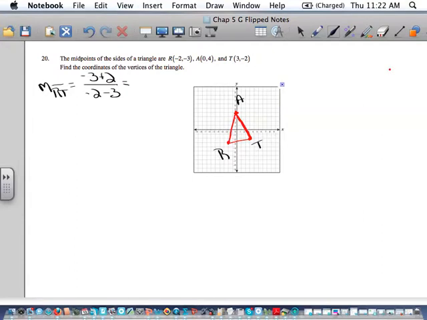Oh, that's -3 minus -2, which makes it plus, which means I have -1 over -5, which is 1/5. So I have a slope of 1 over 5. So now I want to construct the segment that is parallel to RT and twice its length and passes through the point A. So go to point A.